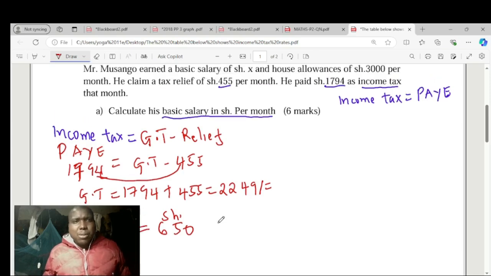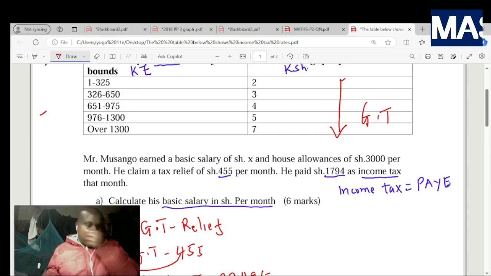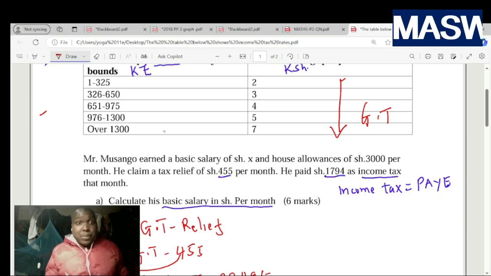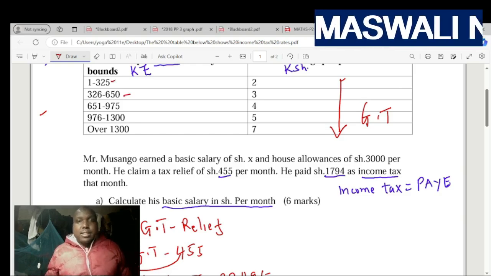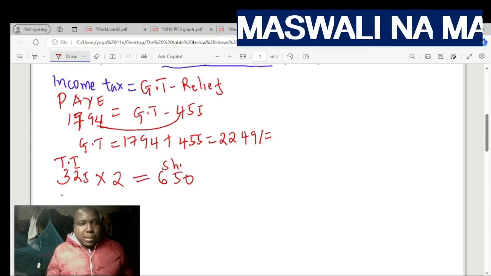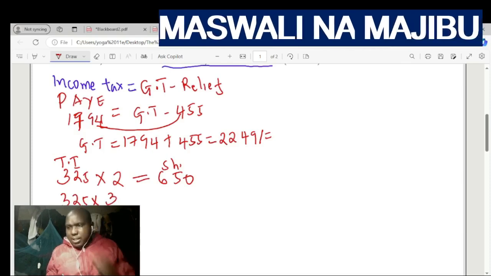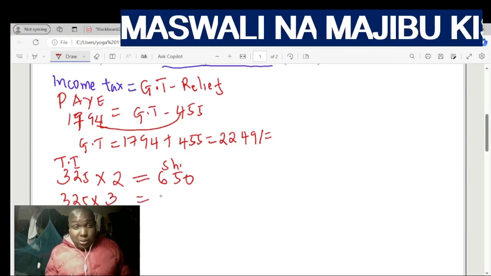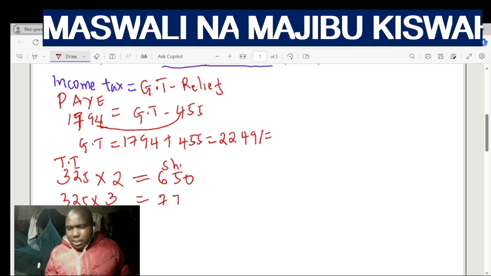Next one, you find the difference. 650 minus 325 will be 325. The next one is this minus this. So this one will be 325 times 3, which gives us 975.